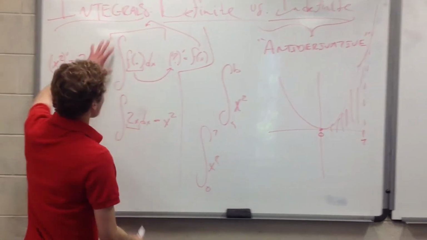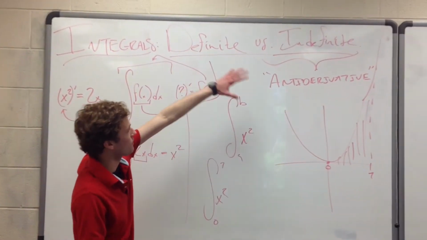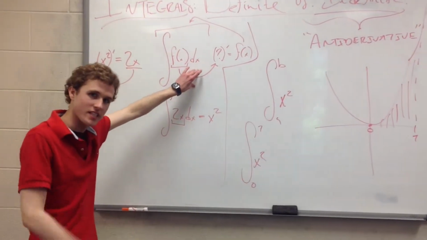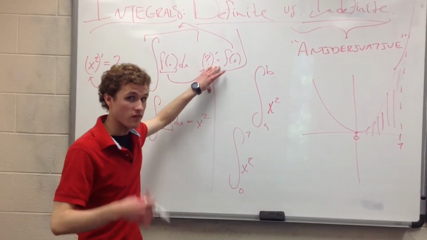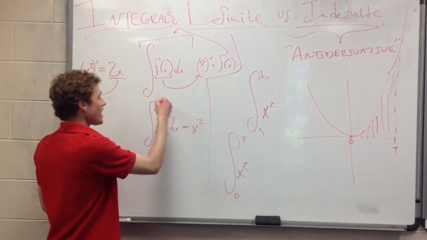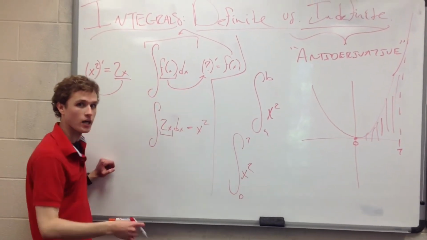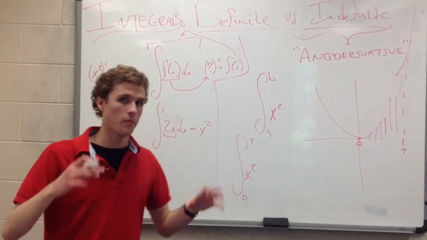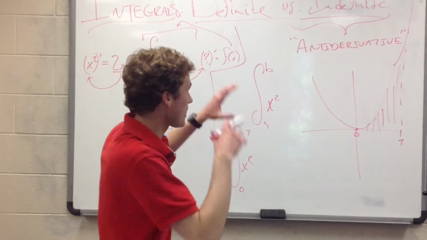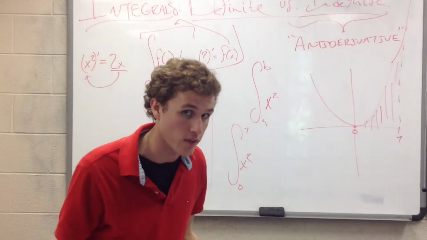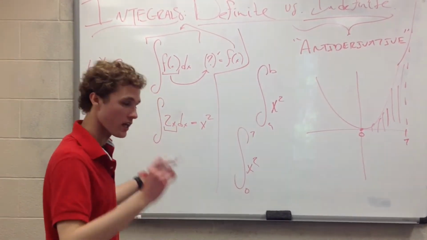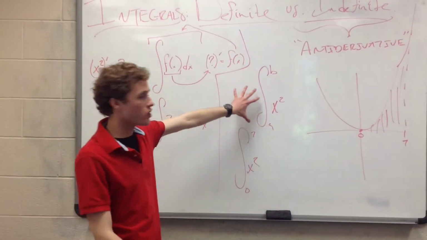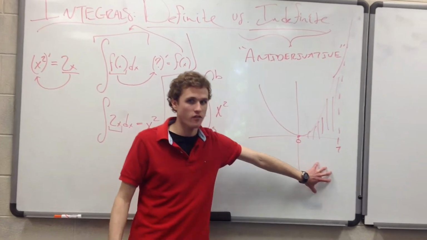So, a quick recap. Indefinite integrals take functions and spit out another function that when you take the derivative of that function, you get the function inside of the indefinite integral. A much simpler way to say that is the indefinite integral is the antiderivative of the function you're evaluating. A definite integral does not spit out functions, it spits out values of area.